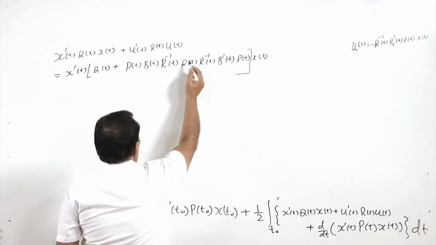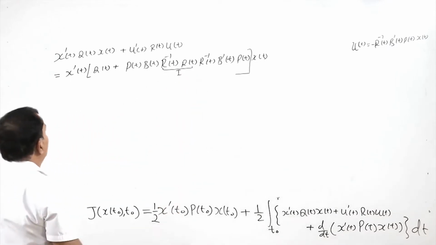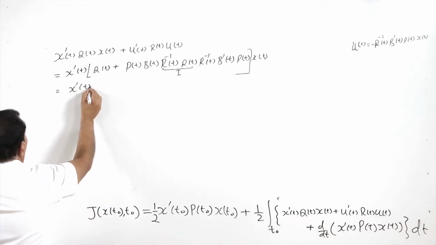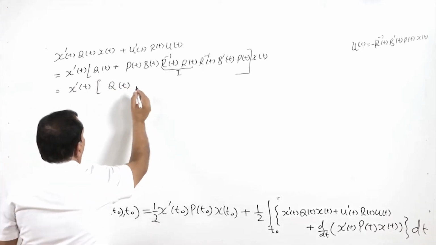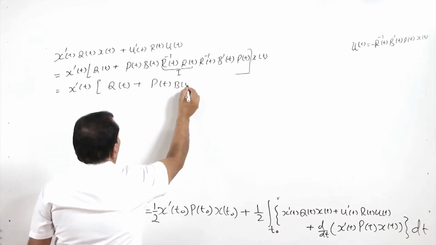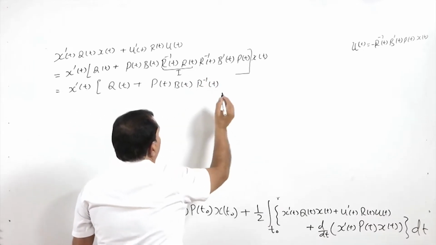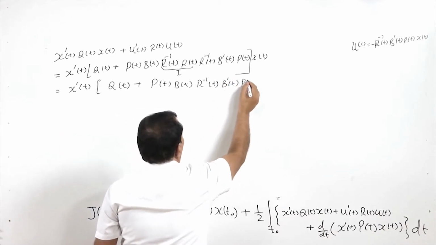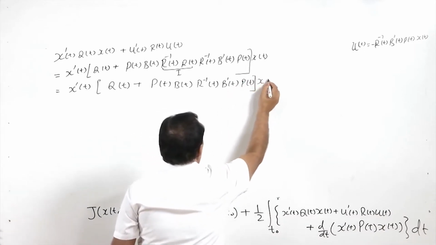In this one R will be I, which is nothing but my identity matrix. So I can write x transpose t Q(t) plus P B, only one R inverse is left out, R inverse B prime P(t) x(t).